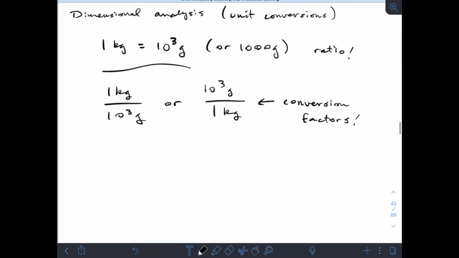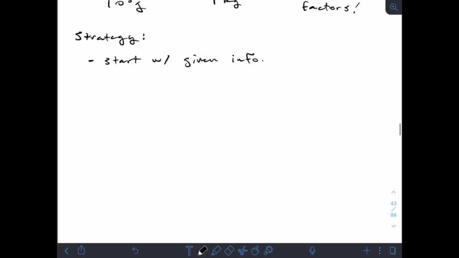So our strategy for doing unit conversions is first we start with the given information. And again, I have to apologize for my handwriting. Hopefully you can decipher what I'm writing here. Most of the time it's not too bad.